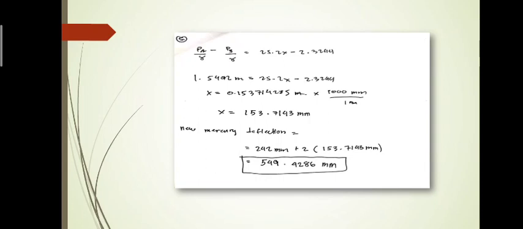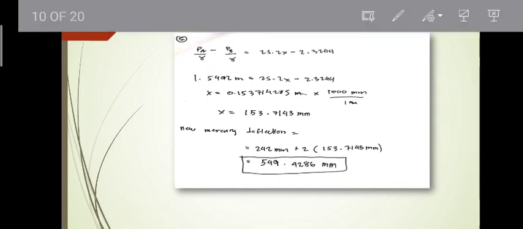Ano siya? Then ang PA, then since ang value sa PA over gamma minus PB over gamma is nakuha naman nato ganiya kaning 1.5492 meter of water.